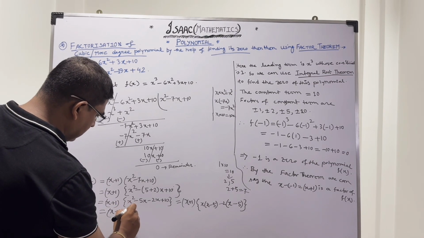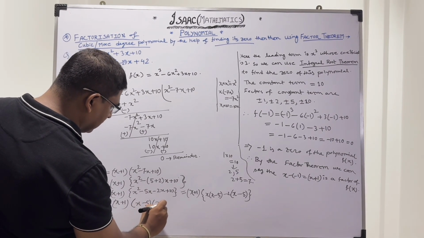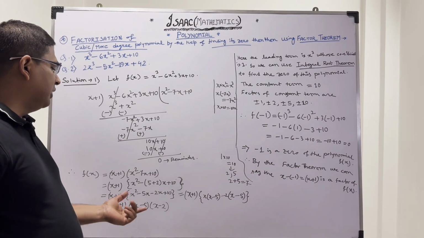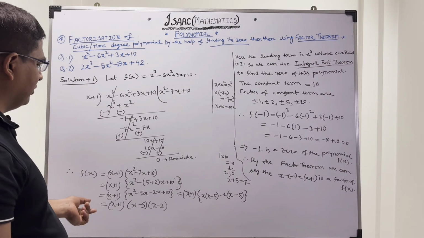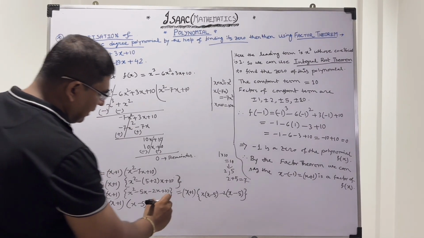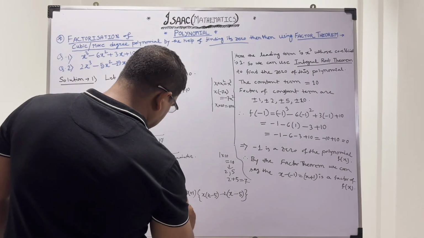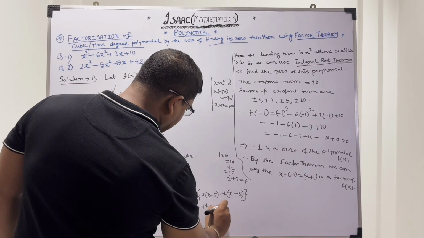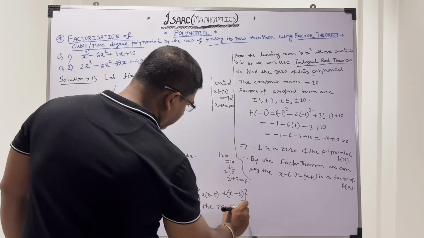So x plus 1 whole into x minus 5, and the rest of the term becomes x minus 2. So this is the product form of these three factors of this cubic polynomial f of x. Thus we can represent this polynomial f of x by the product of these three factors. So this is the required factorization.